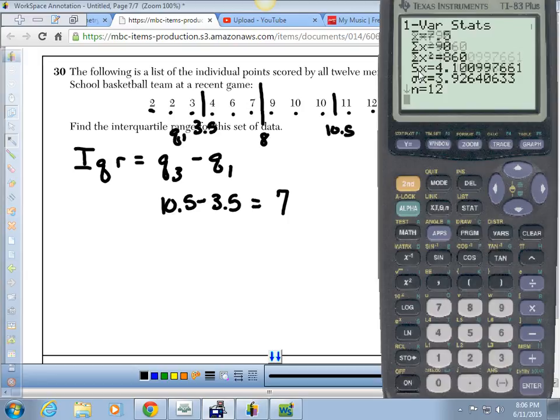That's the sample standard deviation. What's this one? The standard deviation. What does N tell me? How many scores we had. What's min X? Lowest score. What's Q1? First quartile. MED? Median. Q3? Upper quartile. Max X?